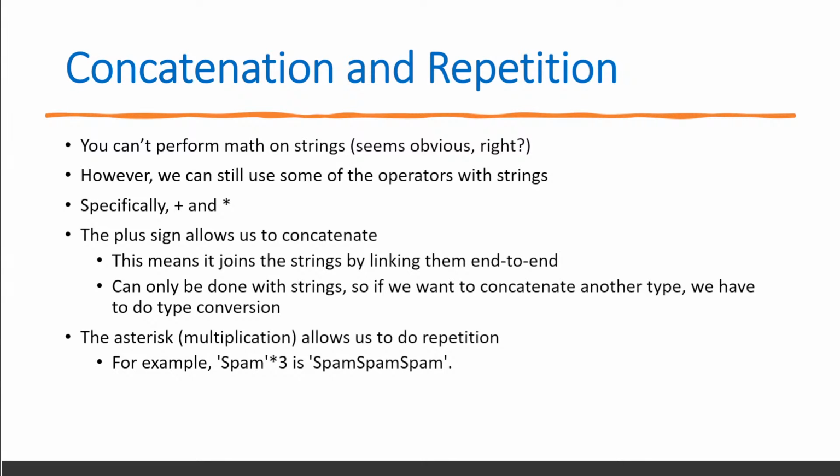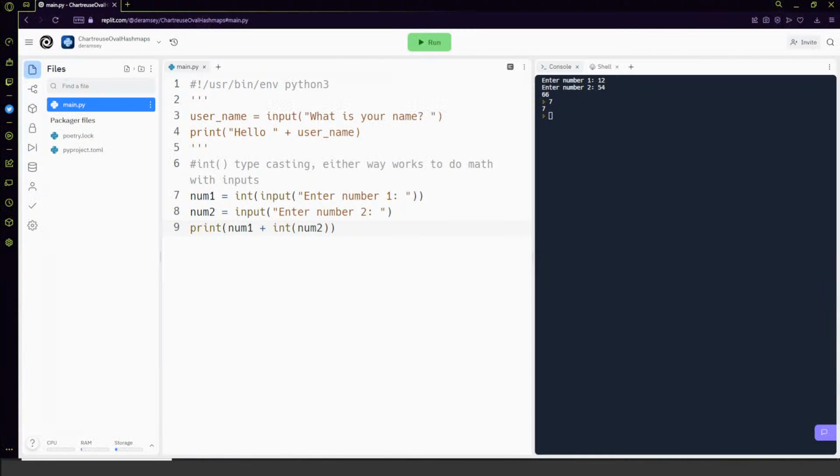They allow me to take one string and put it together with another string, which is what we did in our example here. We took the string of hello, and concatenated it with the string that we got as a result of the input we put into this variable, what is your name. The name that we got from this question. So we use the plus sign there to give us that back.